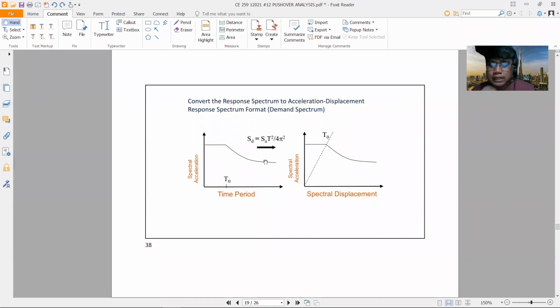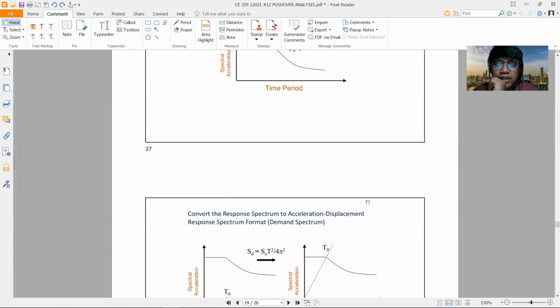So to convert that, ang gagawin lang naman doon is yung spectral displacement is equal to the spectral acceleration times the squared of the period, or sorry, yung time period na naka-plot dito, divided by 4 pi squared. Okay? So pwede mo na siyang ma-convert yung response spectrum into acceleration displacement or the demand spectrum curve.